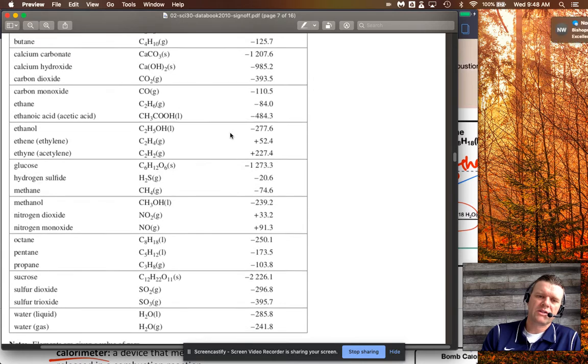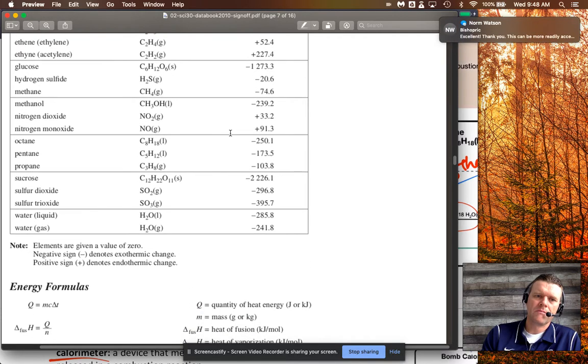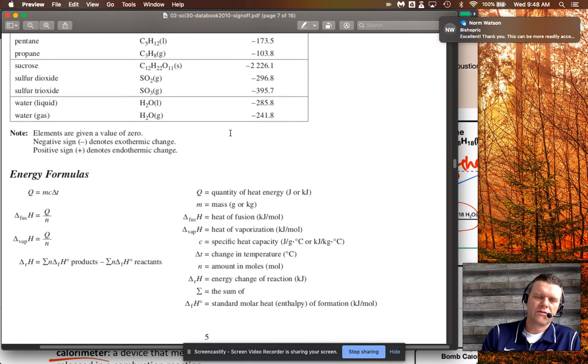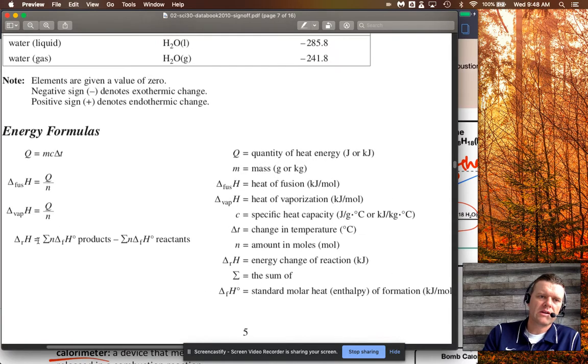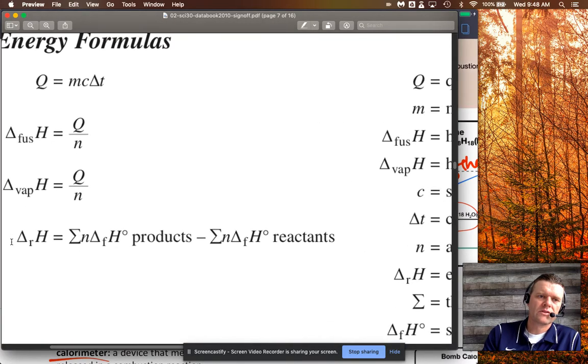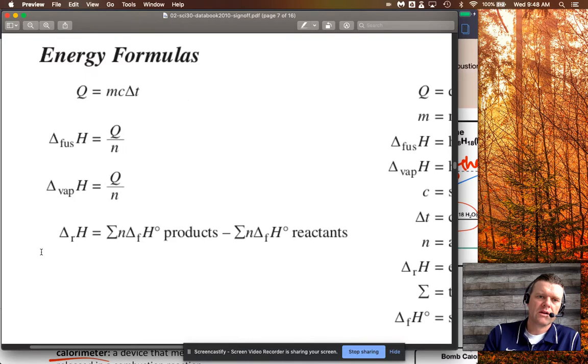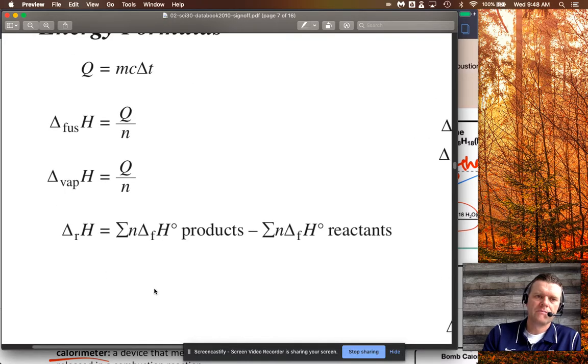I'll explain that in just a minute, but if you remember these, then we should be just fine. But this is the formula right here that involves reactions, okay? And delta r is really the change in the energy from the reaction, okay?